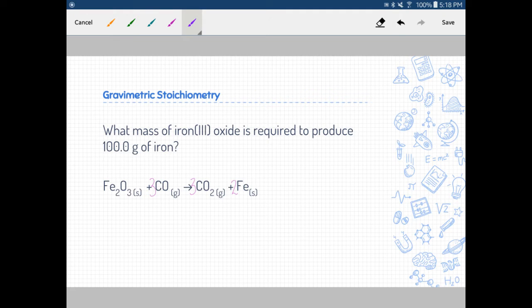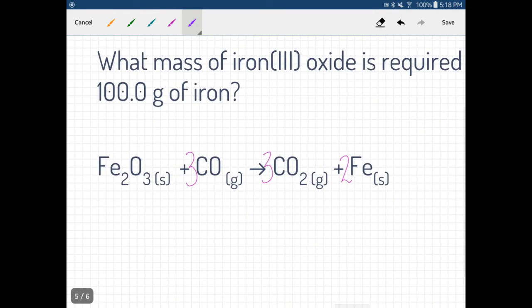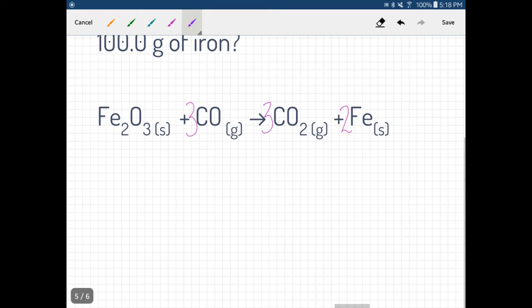Now, I again use my chemical equation as a chart or a table to keep my ideas and thoughts organized here. So it says I'm looking to calculate my mass of iron 2 oxide to produce a mass of 100 grams of iron.